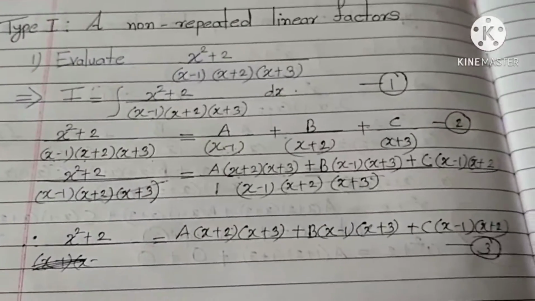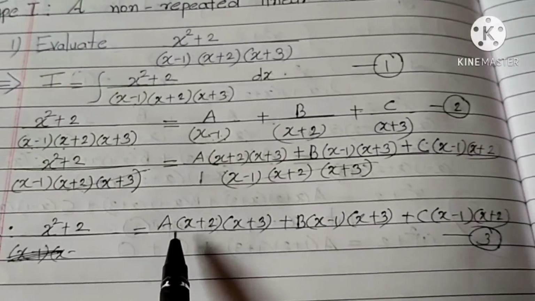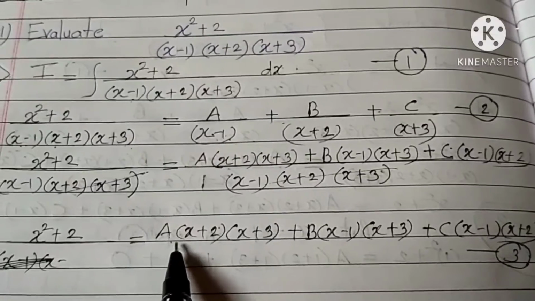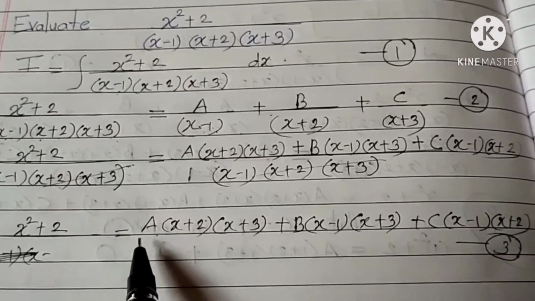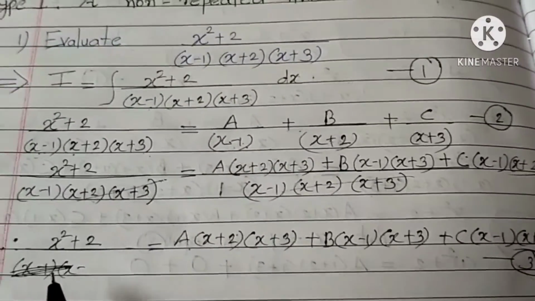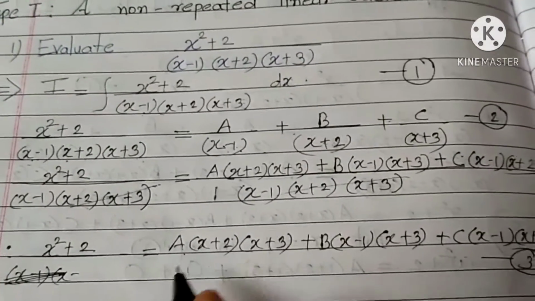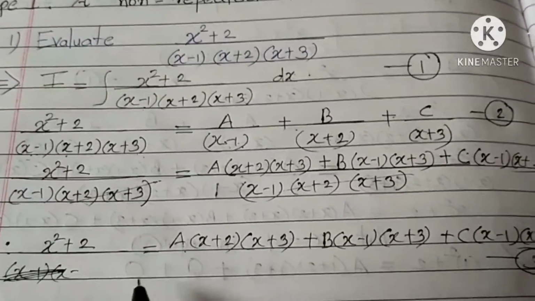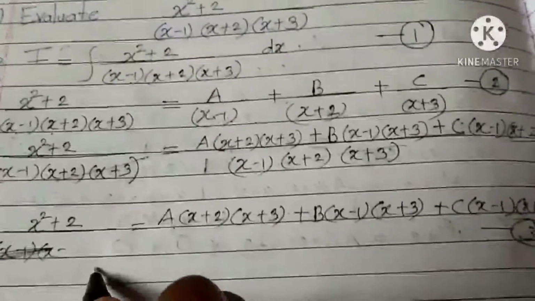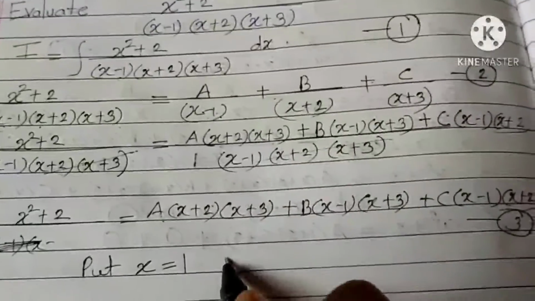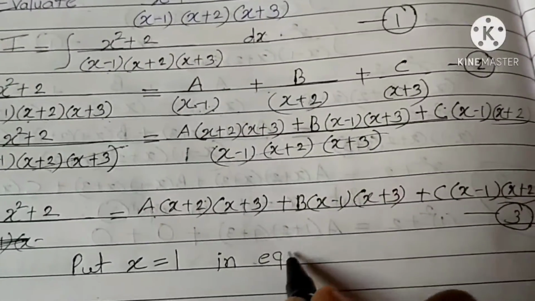We know that we have to find three unknowns here, that is a, b, c. For finding these three unknowns, we take some values of x, then we find these three unknowns. So first we take the value of x, that is 1. So put x is equal to 1 in equation 3.